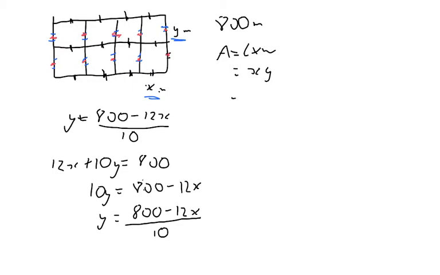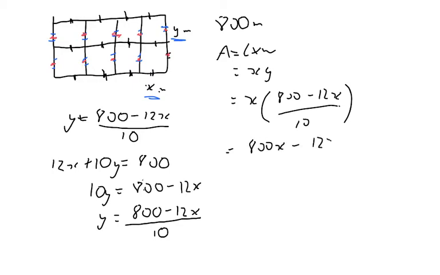We know what y is, so the area equals x times 800 take 12x over 10, which equals 800x take 12x squared over 10, which is actually 80x take 6 over 5 x squared. And as you'll see, that turns into a quadratic. Maybe not neatly, but we've got a quadratic.